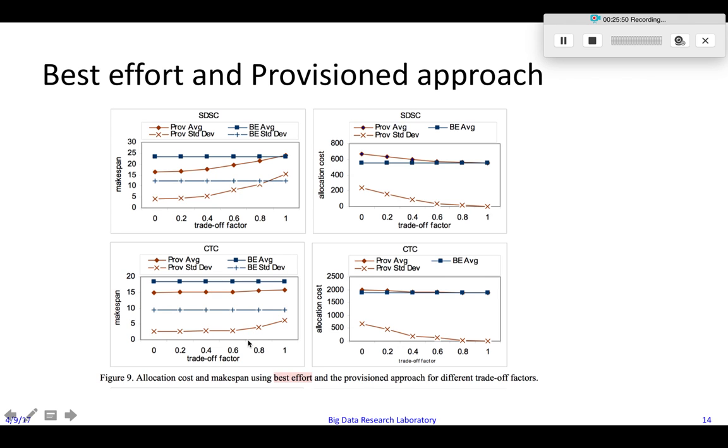So why is the CTC better than the SC? Maybe the reason is that the CTC has a lower workload on the cluster, so it means that the CTC has more available slots.